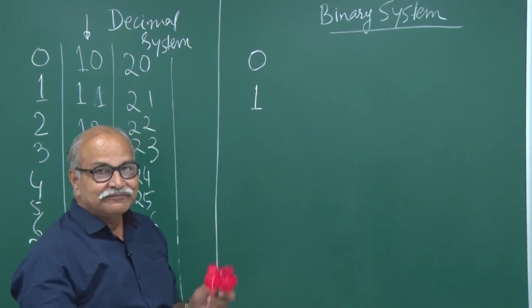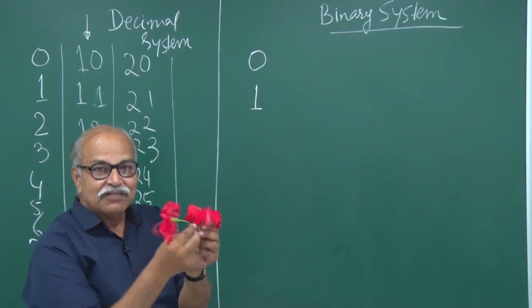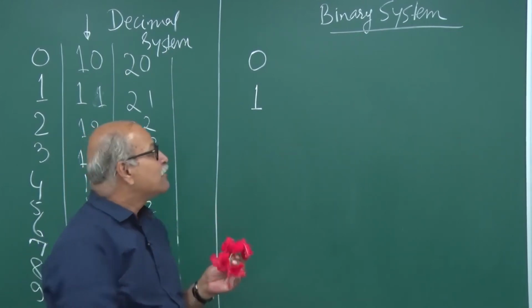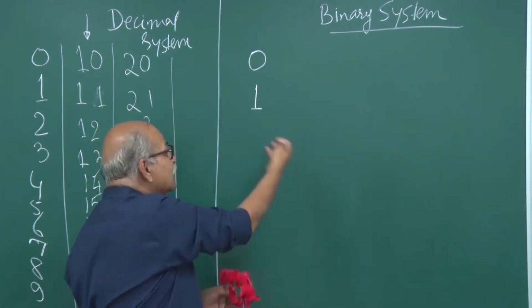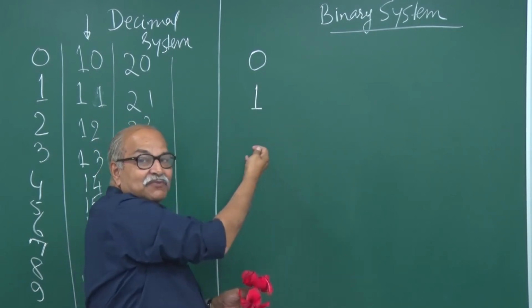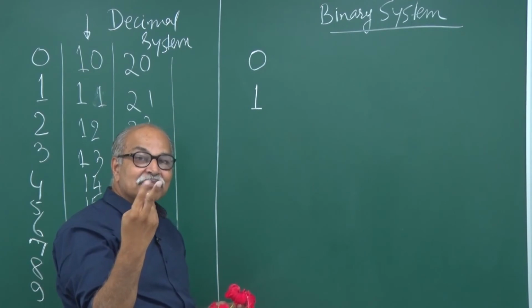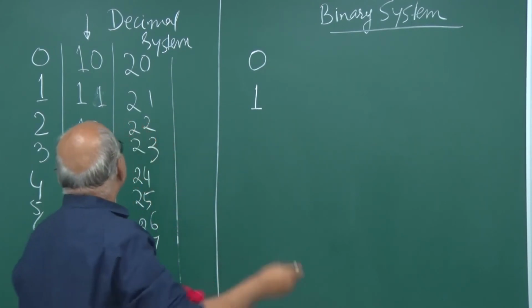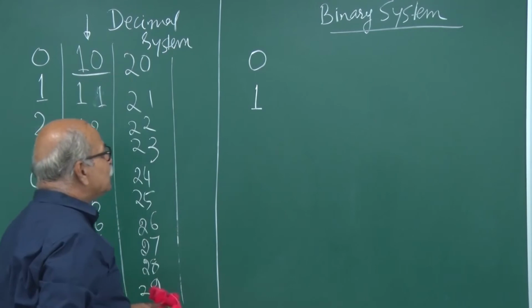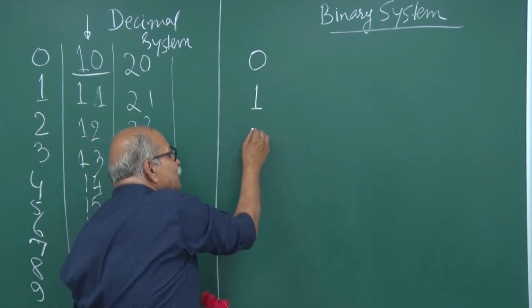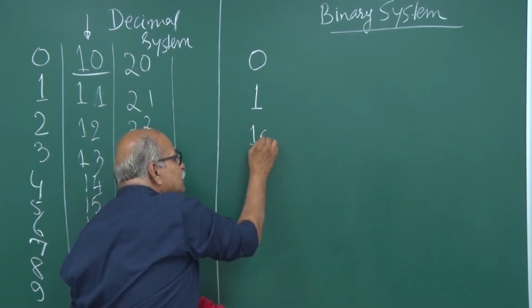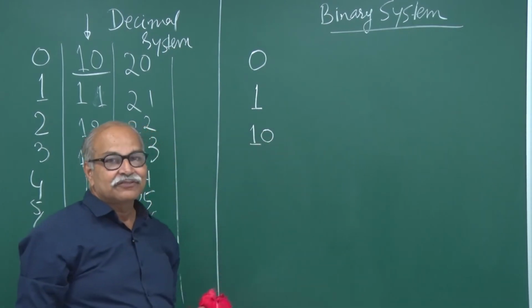But what if I add one more flower? Then I have to go for the next number. I do not have next symbol, so I have to go for 2-digit number, and when I go to 2-digit number, what do I do? I am to use only these 2, and that will be 1 0, like this.